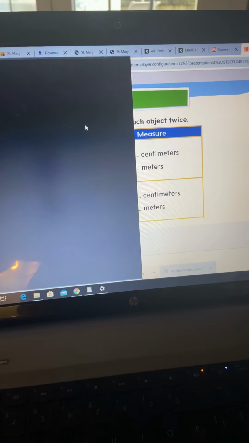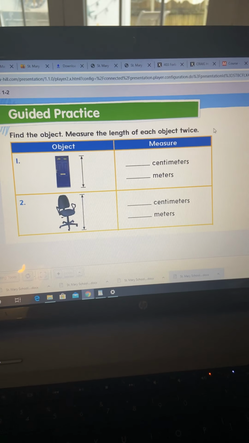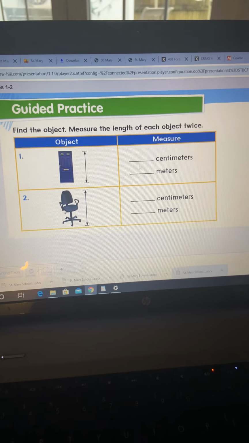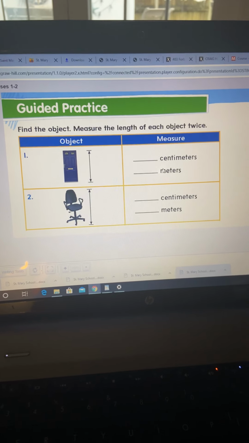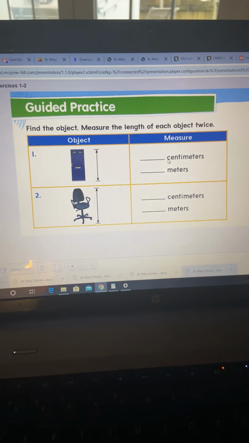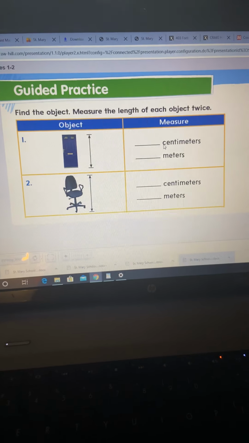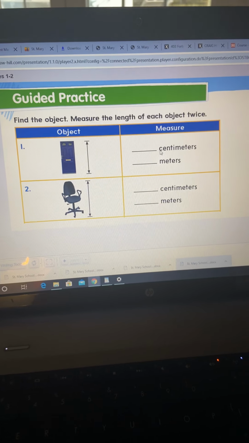If we were going to measure a door, all right, let's say our door was 4 meters tall. How many centimeters would that be? 400 centimeters. So you see, it's pretty easy to remember. It's just like place value.